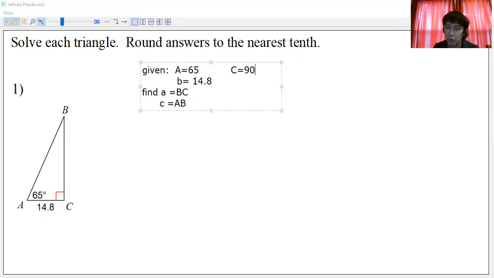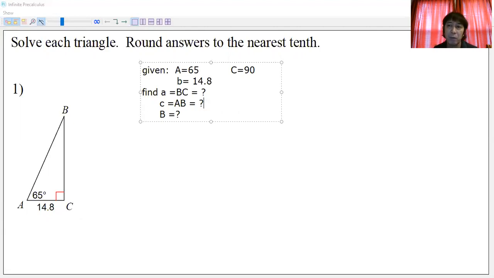We can actually start solving for the angle B, and we can write this in the requirement like that. These are all unknown. So we have the givens, and we have the required.